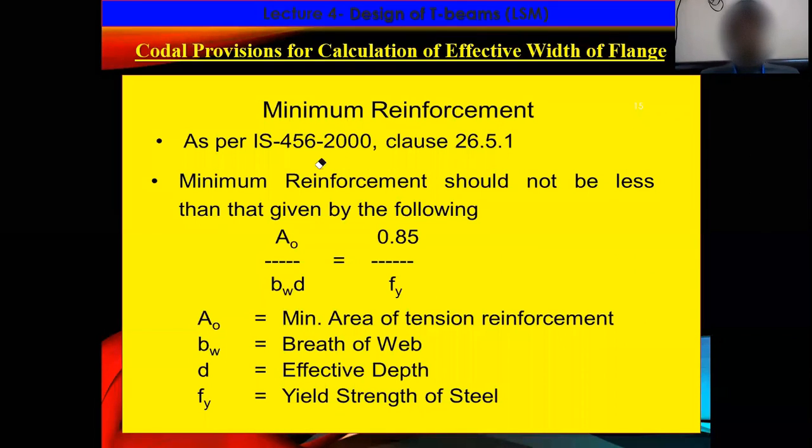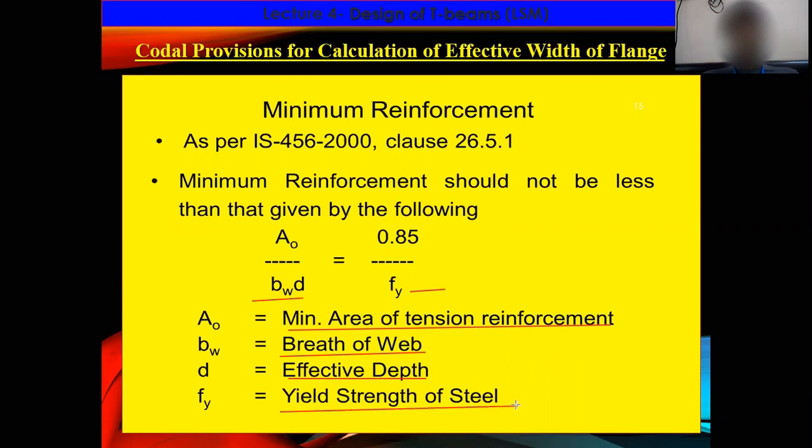As per IS 456:2000, clause number 26.5.1, the minimum reinforcement should not be less than that given by the following: As by bw into d equal to 0.85 by fy. Here, As is the minimum area of tension reinforcement, and bw is the width of the web. d is the effective depth of the beam, including the thickness of the slab, and fy is the yield strength of steel.